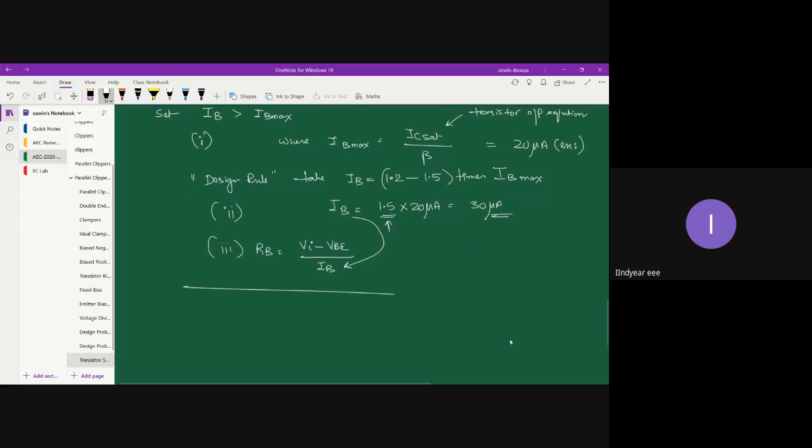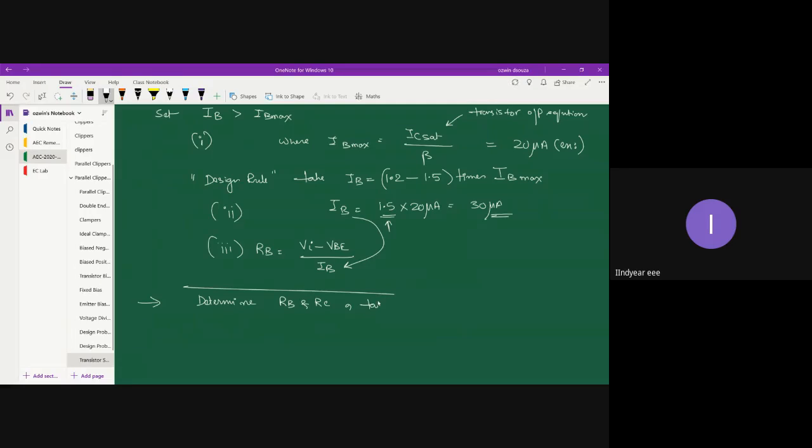Now let us solve one design problem. Take down: for the transistor inverter shown below, determine RB and RC. So you need to design the values of RB and RC. It's a design problem.